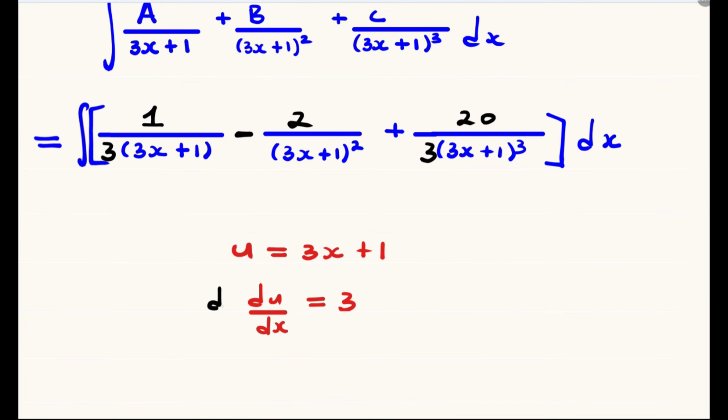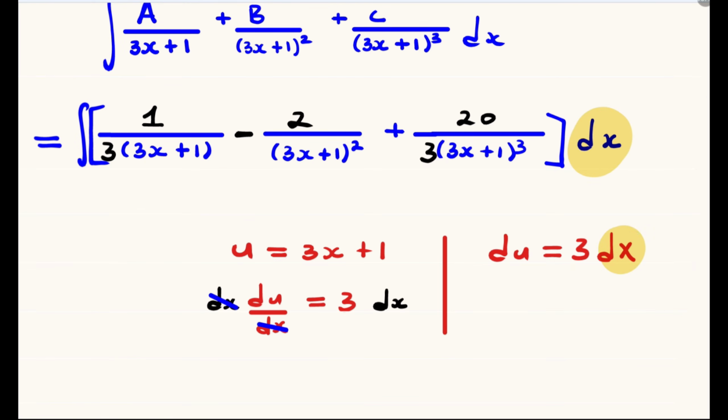We multiply both sides of the equation by dx, and the du will be equal to 3 dx. We have dx in our integral, so let's make dx the subject of the formula. We divide both sides by 3, and now we have du divided by 3 equals dx.